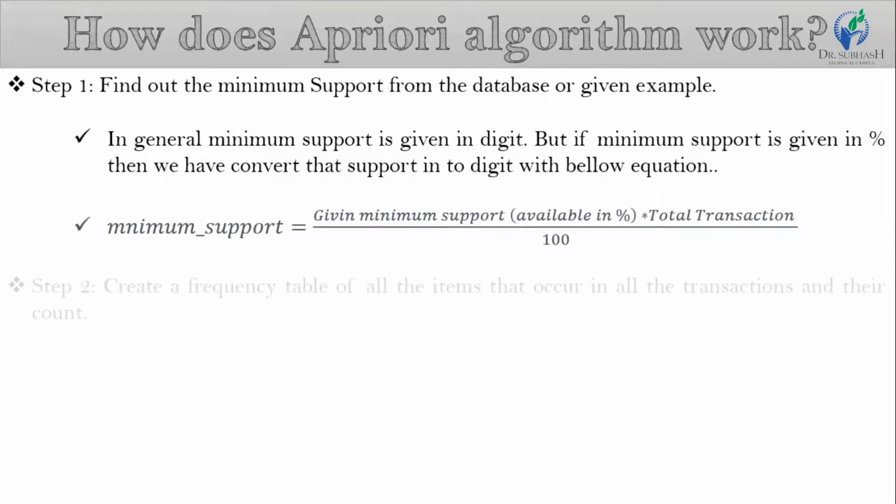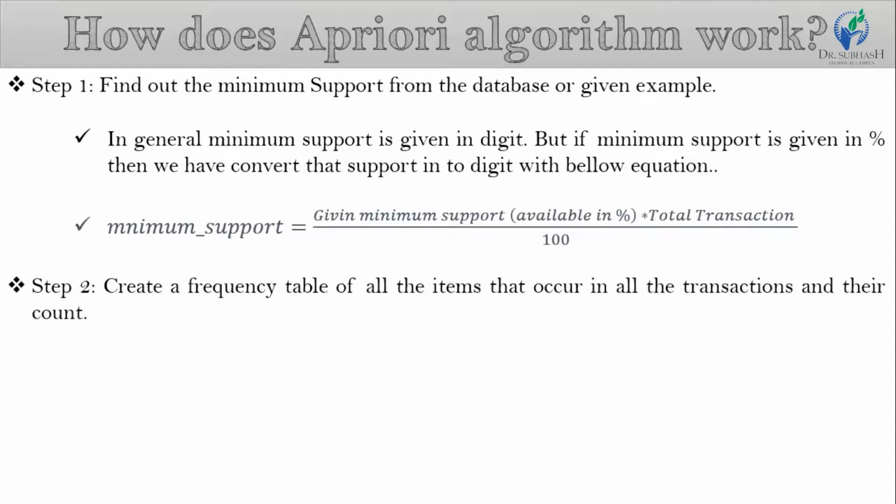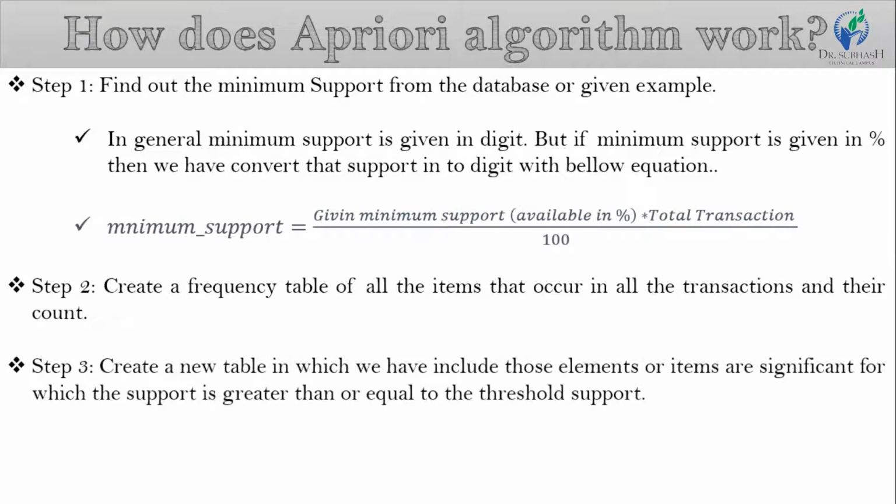Now in step 2, we create a frequency table of all the items that occur in all the transactions and their count. Now in step 3, we create a new table in which we include those items that are significant, for which the support is greater than or equal to the threshold support.